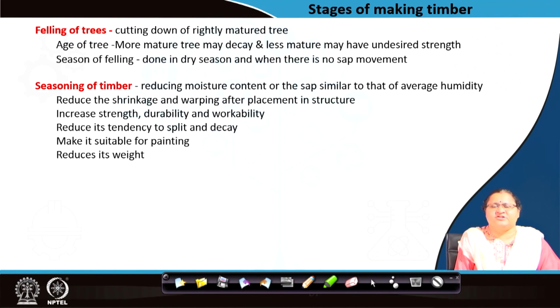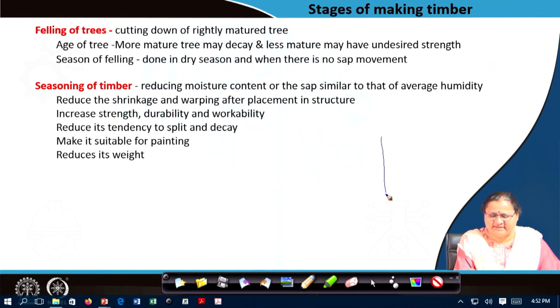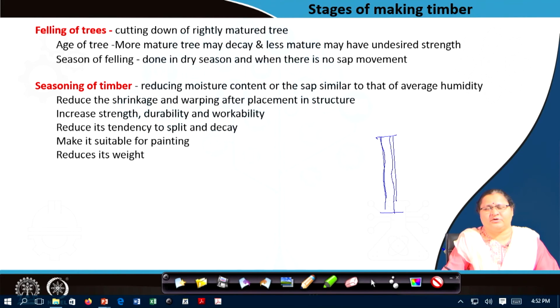So, change of dimension leading to convex or concave surfaces. So, the log which is straight would not warp or bend unevenly, or it may not have uneven expansion. It remains straight and rigid to its form.